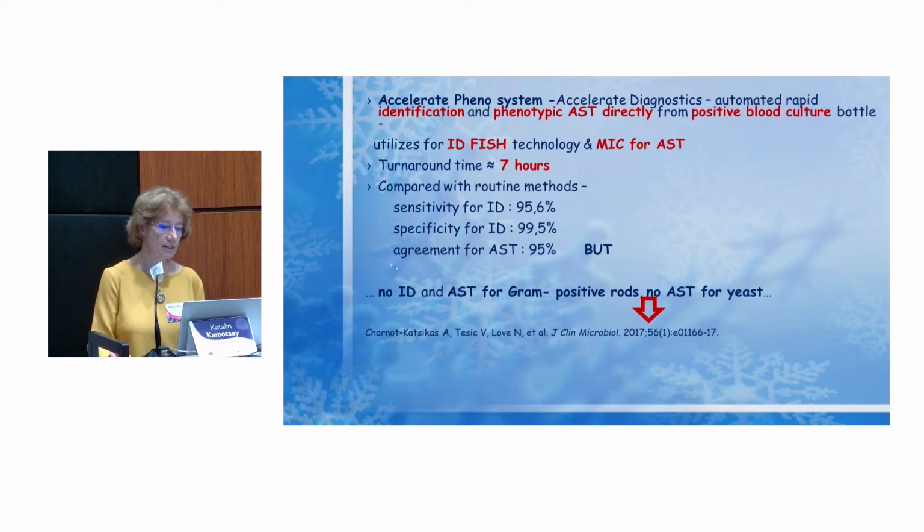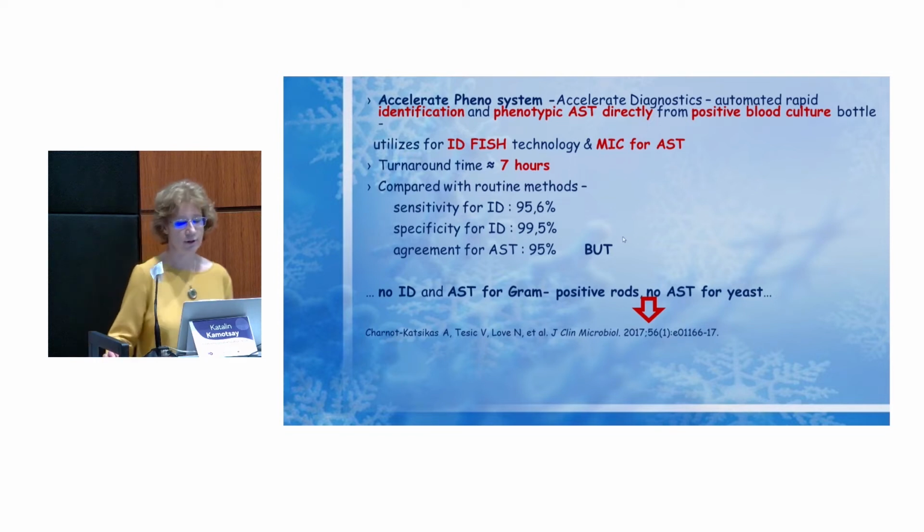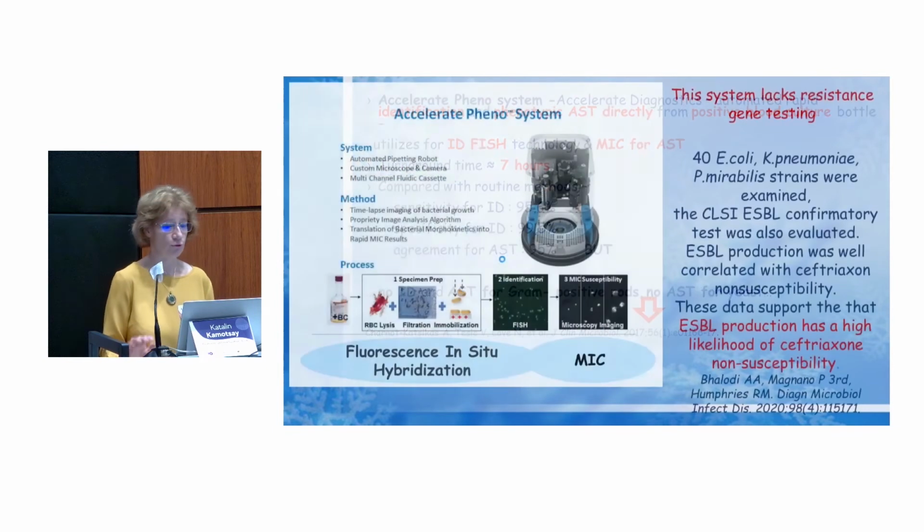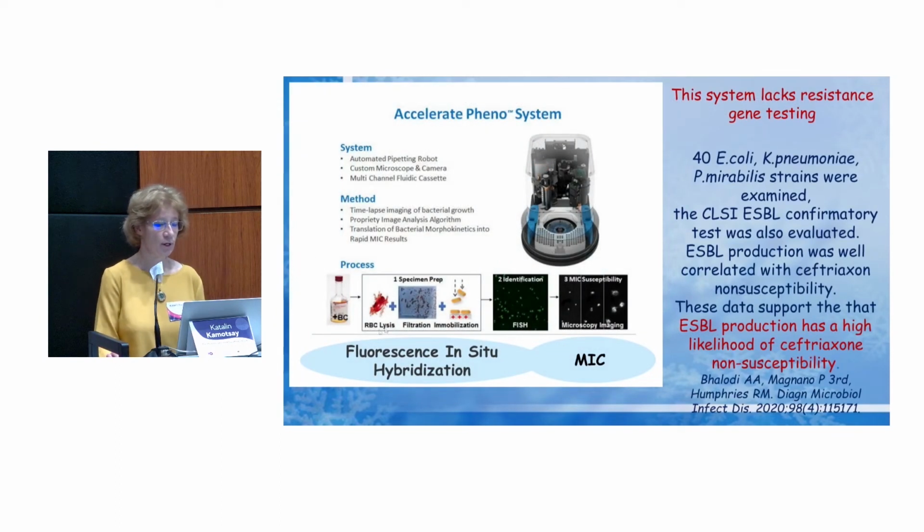The sensitivity, specificity, and agreement with the conventional method were very high, but again, nothing is 100%. There is no ID and antibiotic susceptibility testing for gram-positive rods, and no antibiotic susceptibility testing for yeast. So, not perfect, of course. A wonderful system, with identification done with fluorescence in situ hybridization, and MIC.